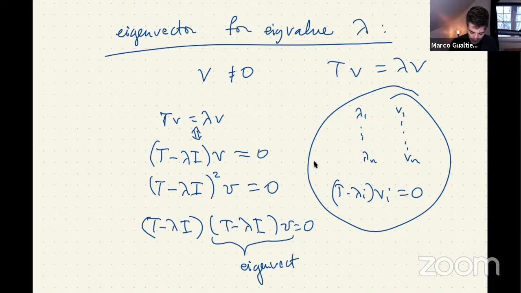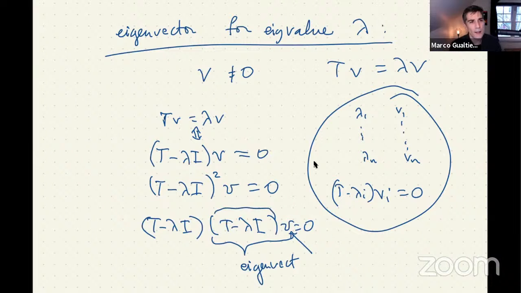So what does that mean about v? V is not an eigenvector, but it is mapped by T minus lambda to an eigenvector. So it's like a precursor to an eigenvector. It's like something that you have to wait a little bit of time before it becomes an eigenvector. So you have to apply T minus lambda I a few times.